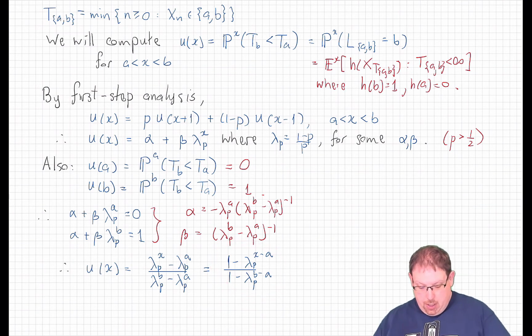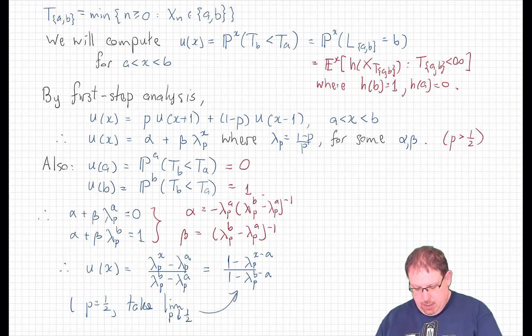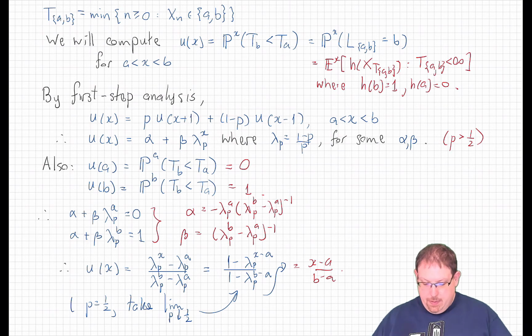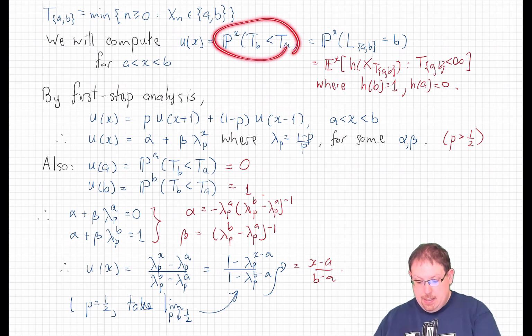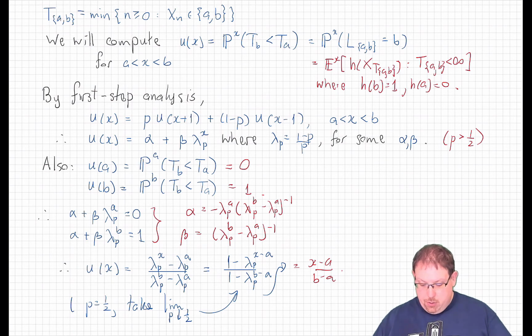And I'll just comment here that in the case P equals 1/2, if we take the limit as p goes down to 1/2 of this expression here, we do indeed get x minus a over b minus a. That is, this probability in that simple case is the unique affine function which interpolates between the two values.